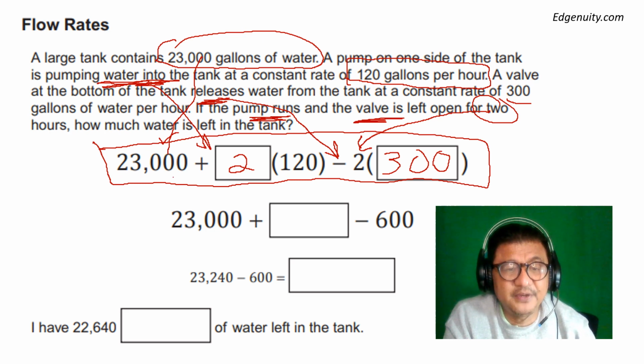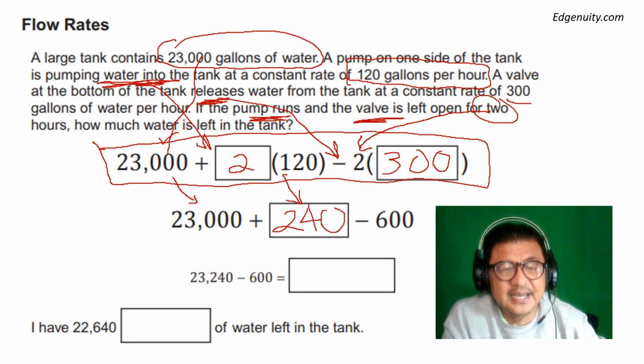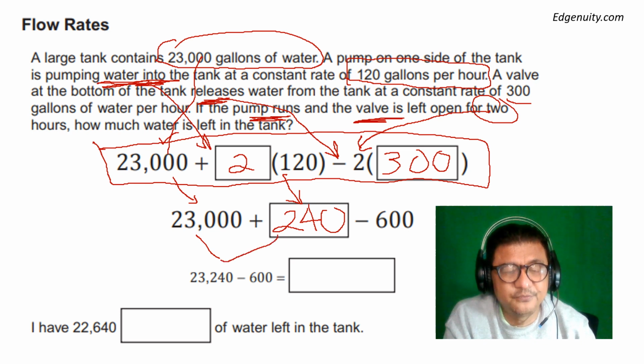So you can simplify that now as 23,000. Order of operation, let me do this first. That's going to be 240. Okay. So now you can add the first two. You will get 23,240. Take away 600.